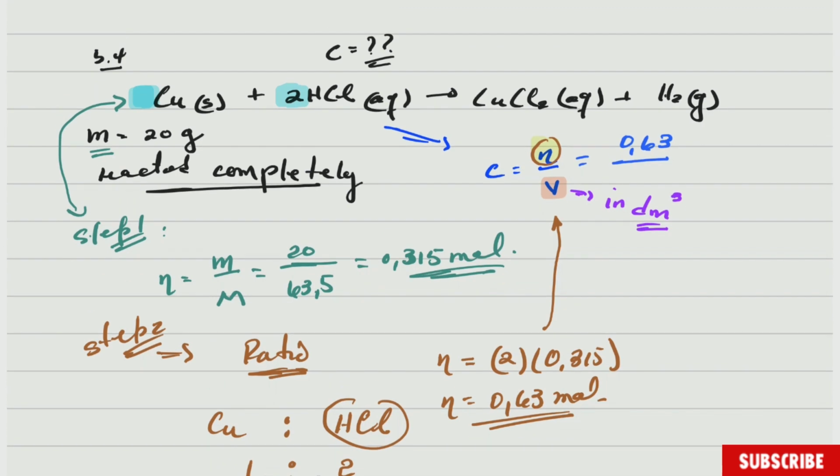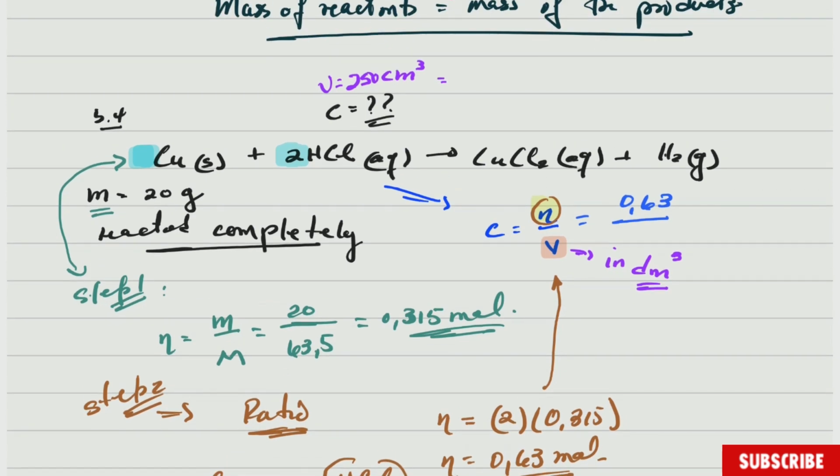So let's write it here in the data. How do you convert? You divide by 1,000. So it's 250 divided by 1,000, and that will give you 0.25 cubic decimeter. That is the volume we are going to be substituting.